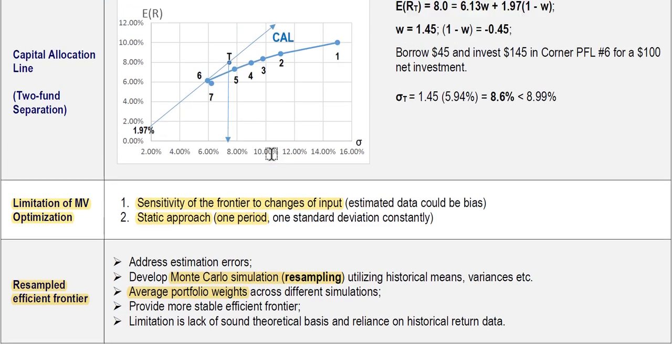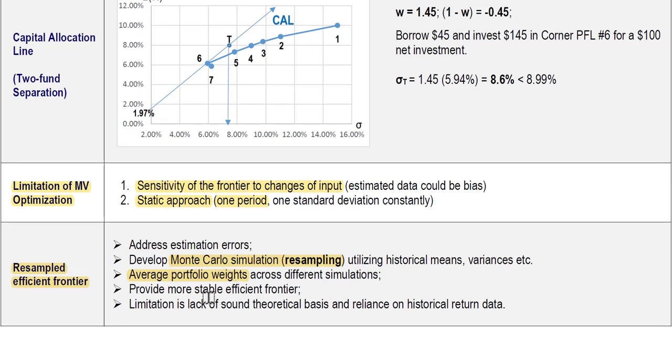Like here we got portfolios 1 through 7, and instead of using one parameter of mean and standard deviation, we look at the average mean and standard deviation to get the average outcome of the efficient frontier. Therefore, this frontier is much more stable than just using one estimate from the sample. It's like repeating the sampling 1,000 times to get a stable efficient frontier.